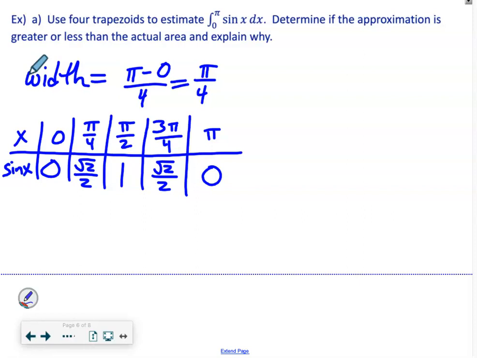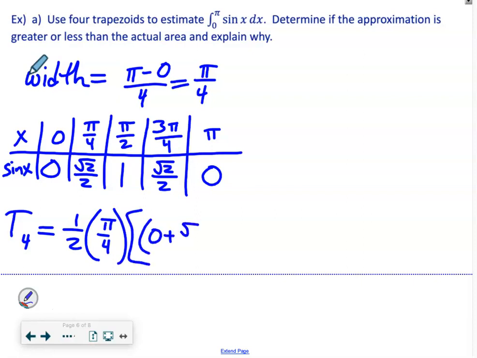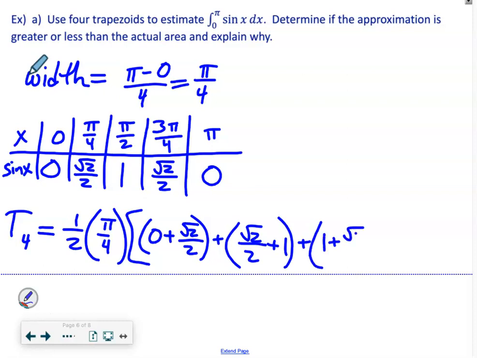So here we go. Our trapezoid sum for T sub 4 is going to be 1/2 times the width times the sum of the heights. We're not going to be lazy. We're going to write them out because we want full credit on the AP exam.